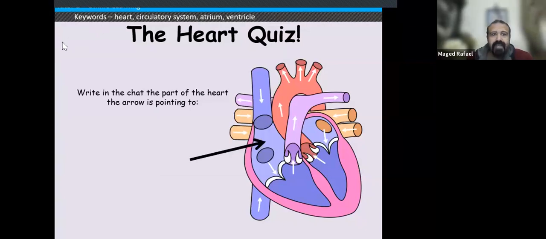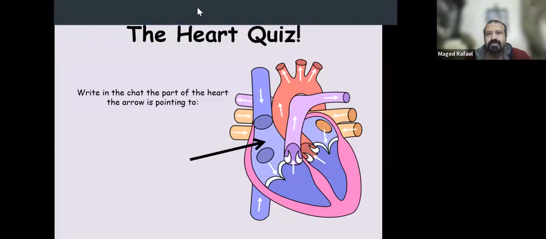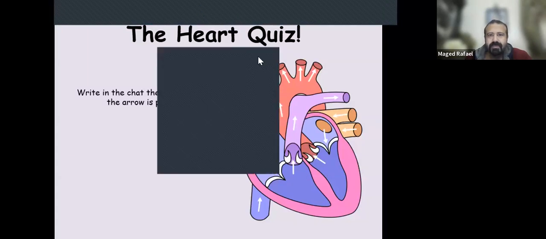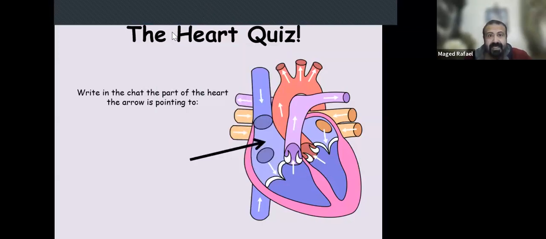Okay, so could you please try to answer this quiz quickly with me? Write in the chat the part of the heart the arrow is pointing to. Let's start with this. No, I'm talking about the part, not about the type of blood, Salma.